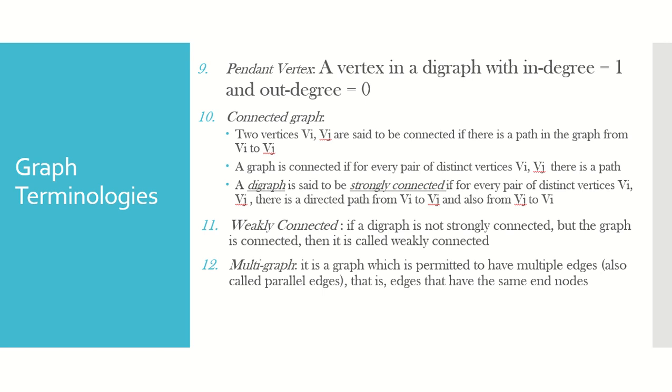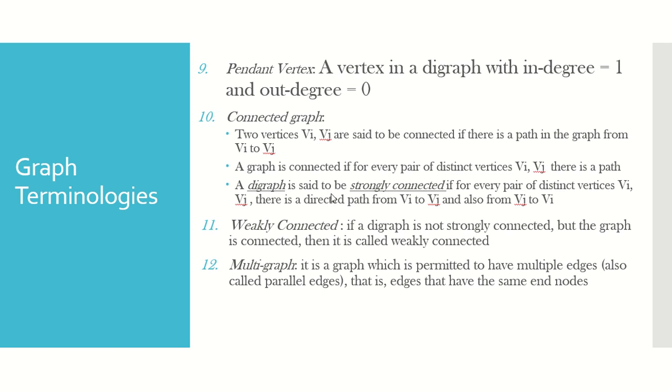Now what is this path? Path is a combination of edges. Path is nothing but a combination or a sequential ordering of edges. So when you say there is a path from Vi to Vj, you can reach from Vi to Vj through so many edges, and that sequence of edges is called a path.